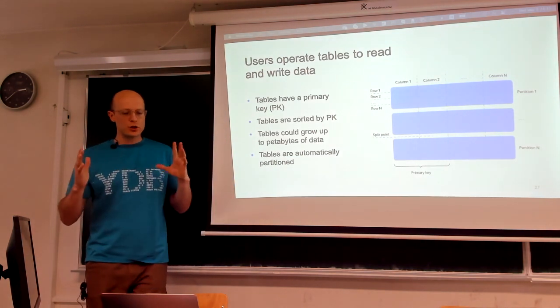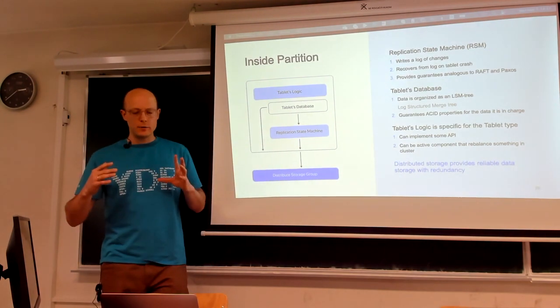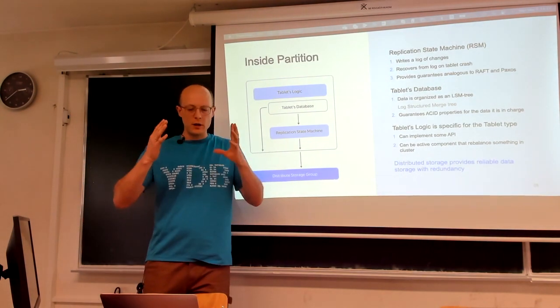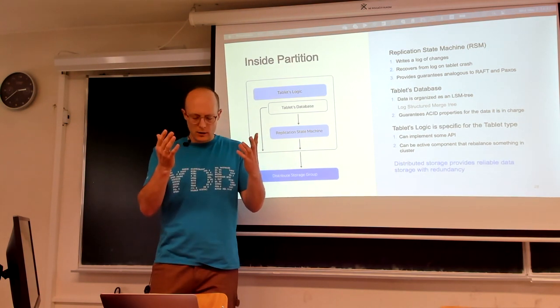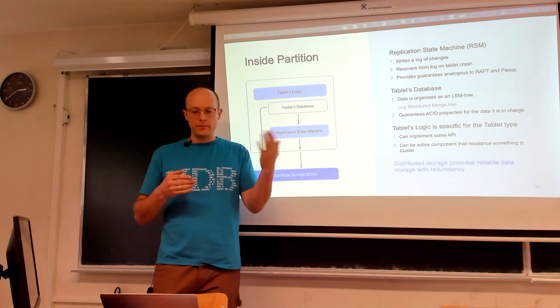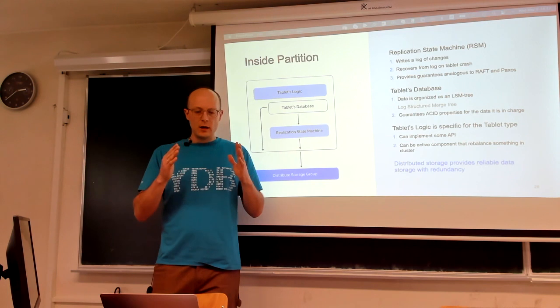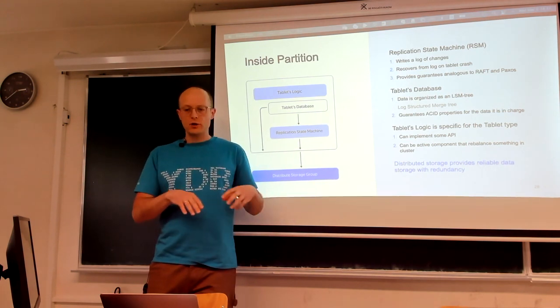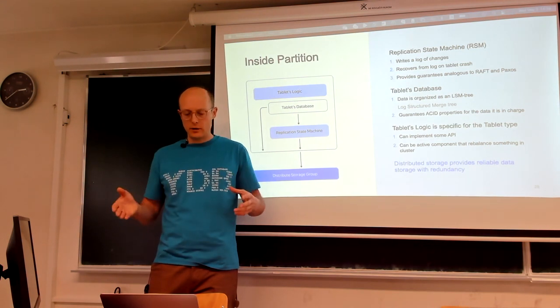A partition is an instance of a C++ class, so it's some sort of an object which works in a YDB process. It can work in any process, and it responds to reads and writes for a specific key range. It stores data in blob storage in some sort of a log structure merge tree, so it's not a balanced tree, it's a log structure merge tree.